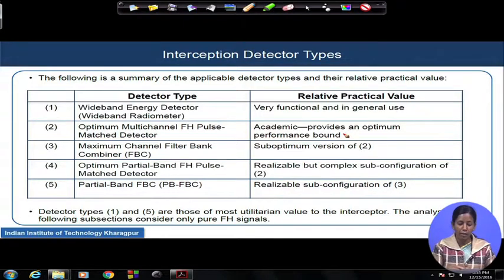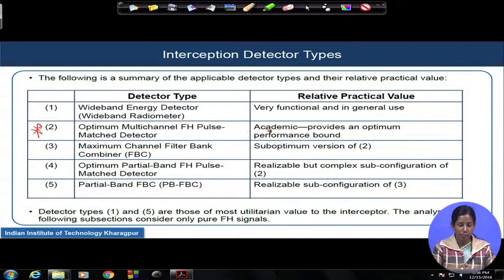Whatever performance bound you have theoretically using the optimum multi-channel frequency hopped pulse matched detector, none of the other kinds of detectors can give better performance than this. So in that sense, number 2 is the theoretical bound on the performance of the detectors, because it is matched filter based.